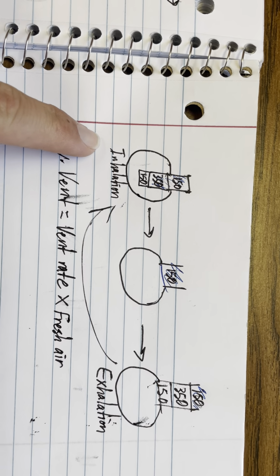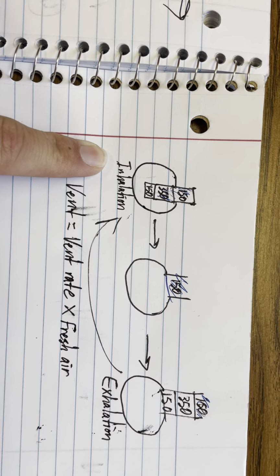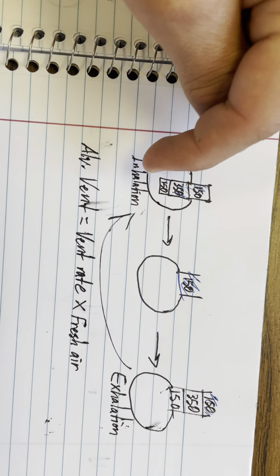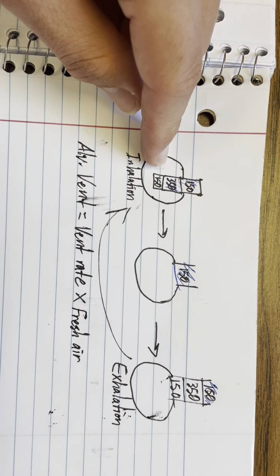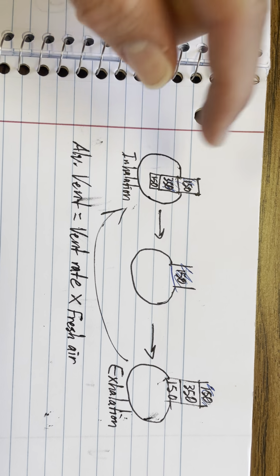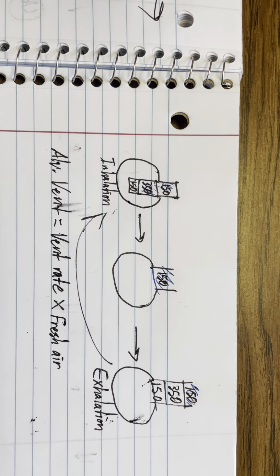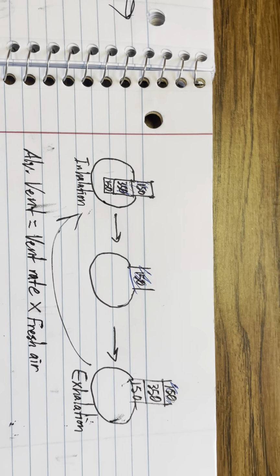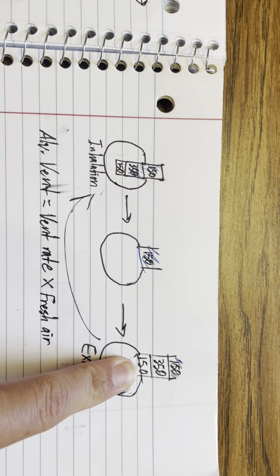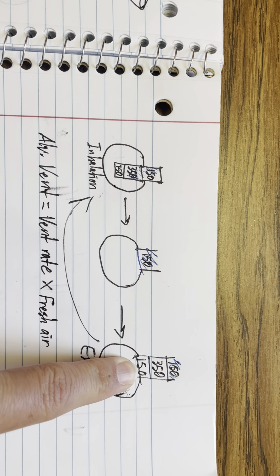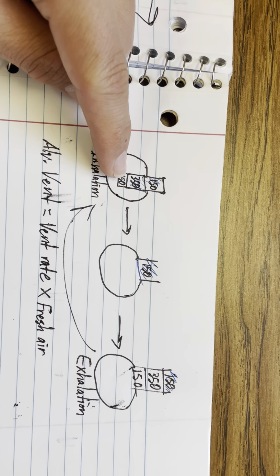So we see that with inhalation, we push air into the alveoli. We have 150 millimeters of mercury of pressure of dead space from what was already in the bronchiole, right? And that's pushed into the alveoli.